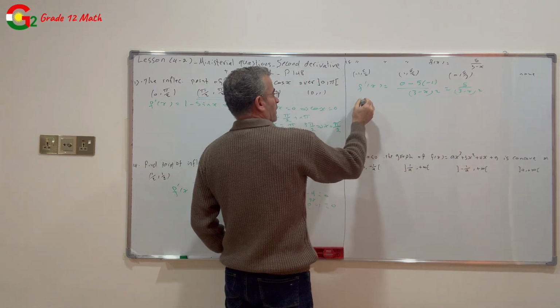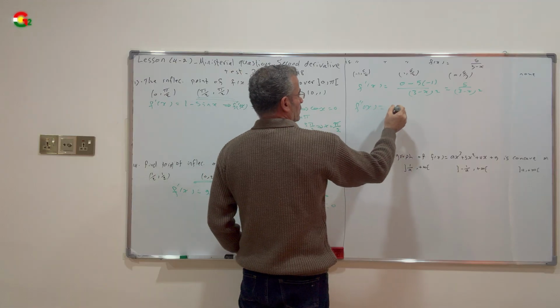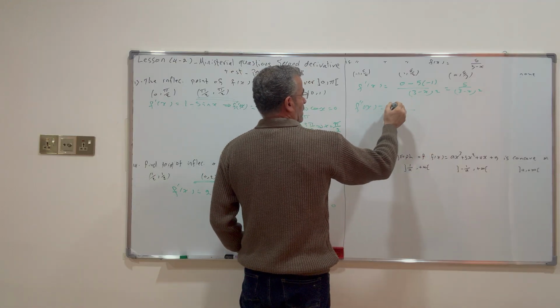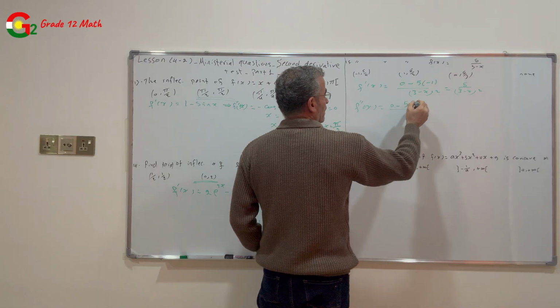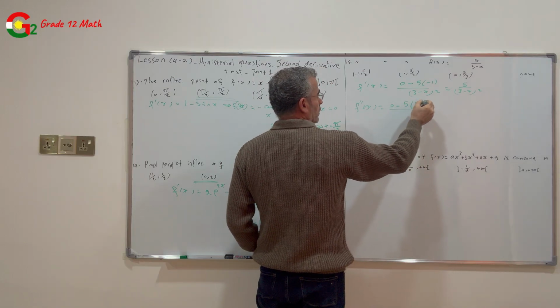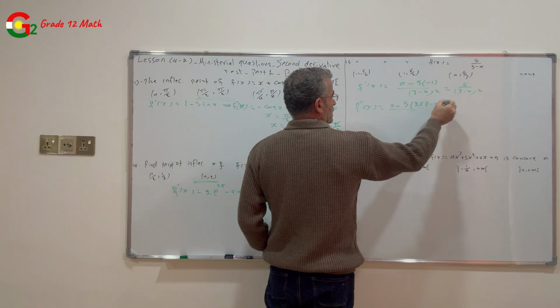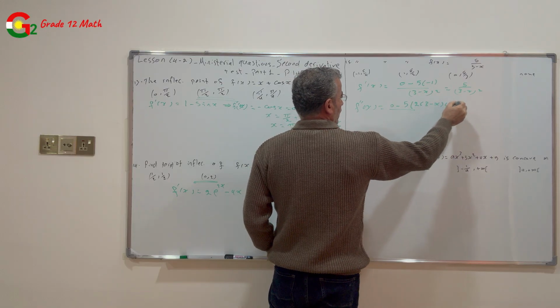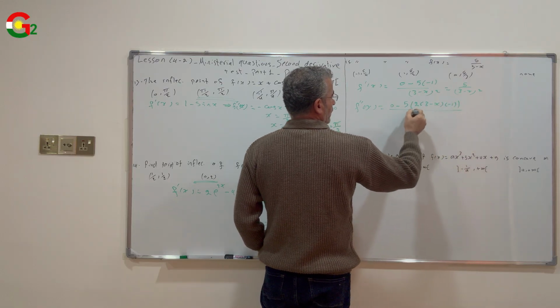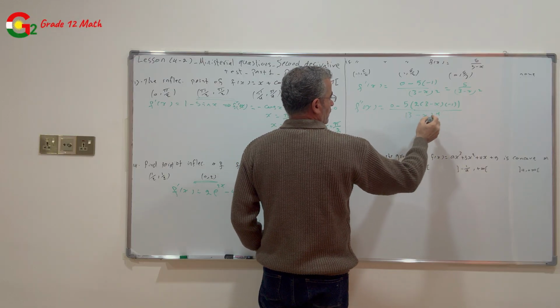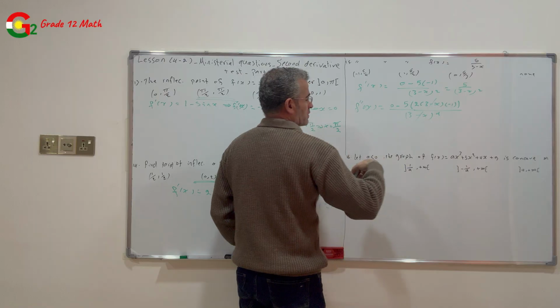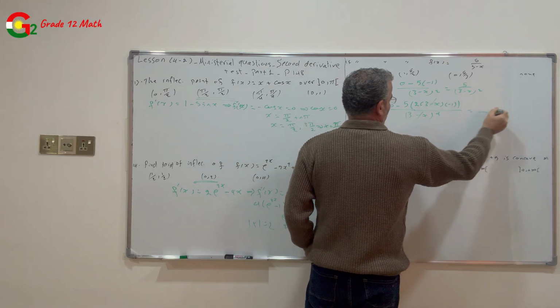The second derivative f double prime of x equal to the denominator times the derivative of the numerator 0 minus the numerator times the derivative of the denominator, 2 times 3 minus x times negative 1, over 3 minus x power 4. Reduce 3 minus x with 3 minus x power 4.